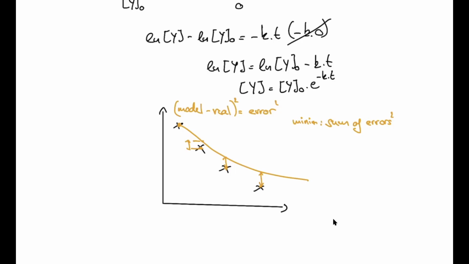So it calculates the errors, changes k, calculates the error again, and then it actually knows in which direction it should change, and it tries to find the lowest value. Typically this is a pretty simple problem, so the solver will have absolutely no problem finding the correct minimum of errors.